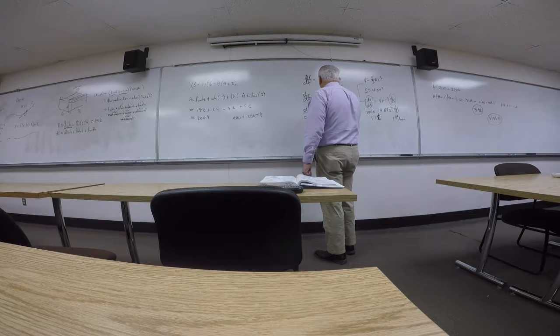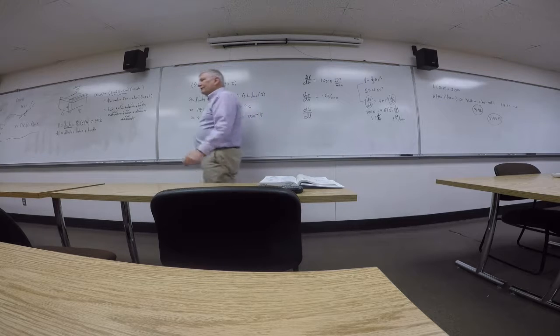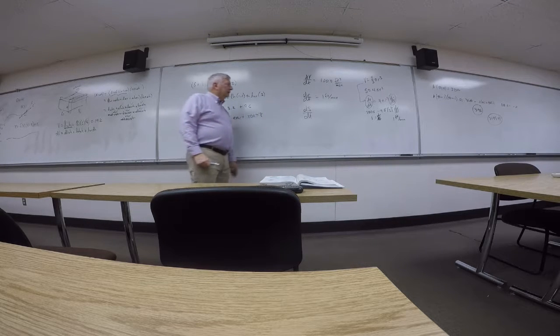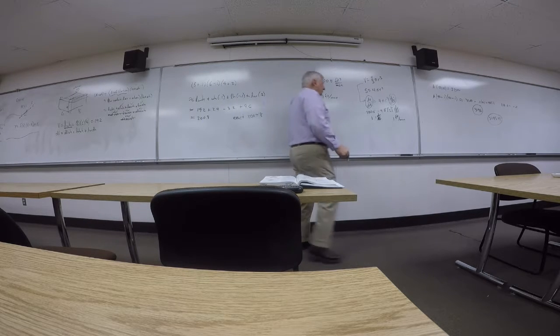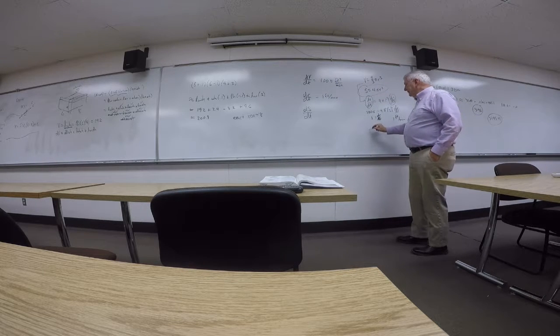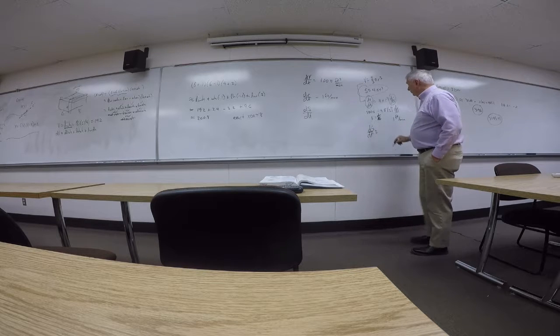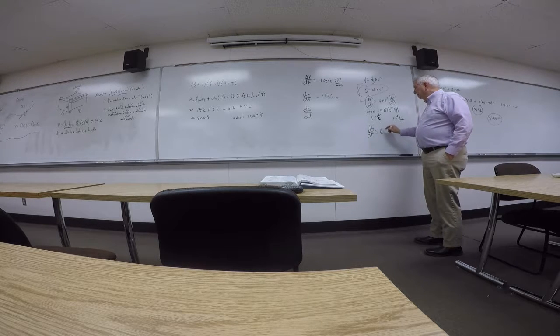1 foot per minute. Now we want to know how the surface area is changing. And we have a surface area formula, so we find dS/dt is equal to 8 pi r dr/dt.